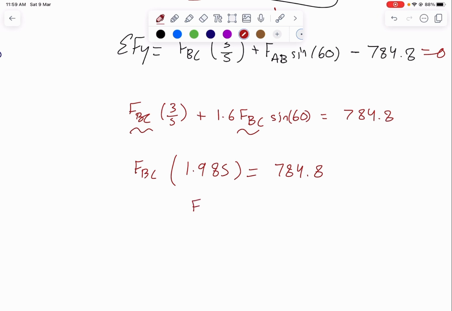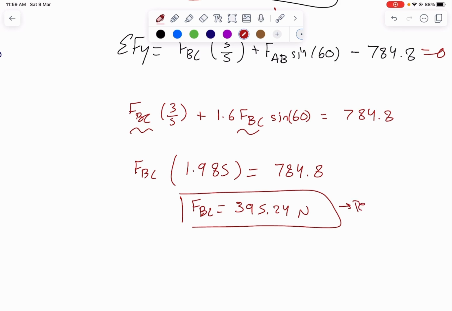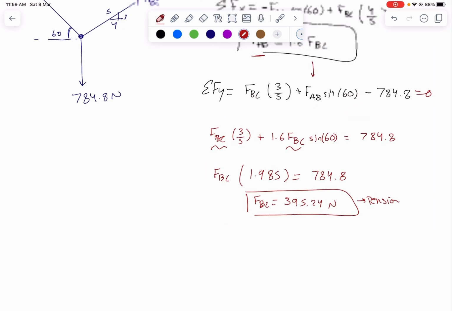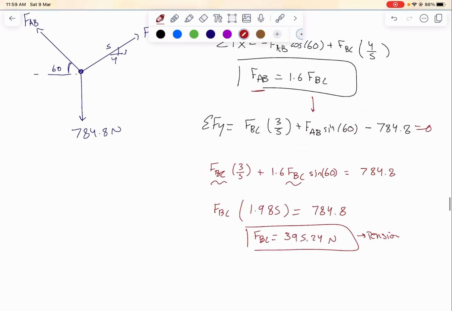So FBC is equal to 395.24 newtons and it is tension. And FAB will be 1.6 of FBC, which is this one.